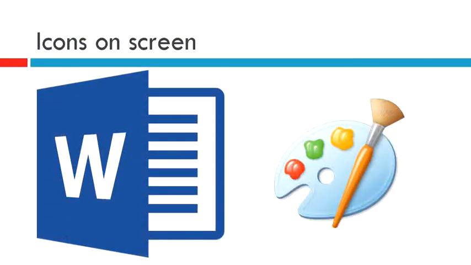In this session, you will be working on any one of these two files. That is, the Word file with the W icon or the Paint file which has a palette as the icon. These icons are usually pinned to the taskbar and you can click to access these files, or you can access them from the desktop screen.